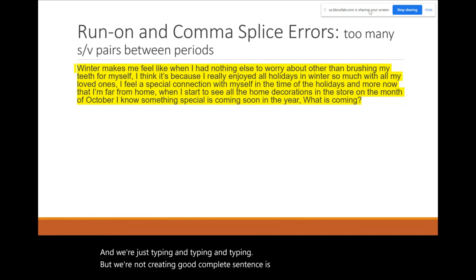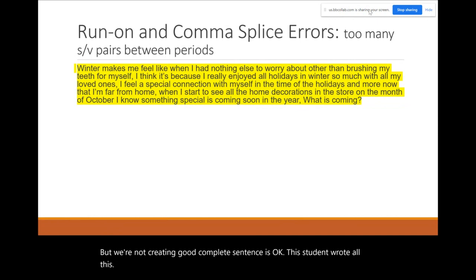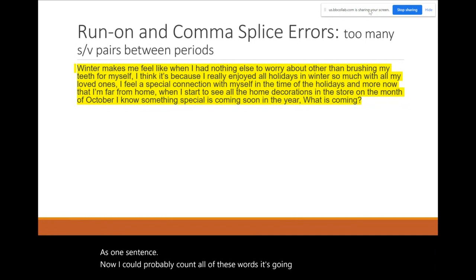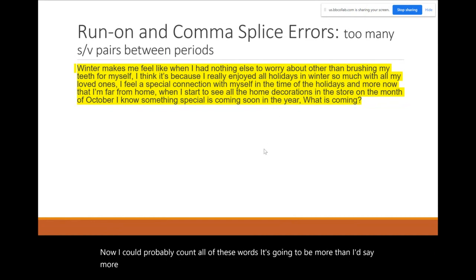This student wrote all of this as one sentence. Now, I could probably count all of these words. It's going to be more than, I'd say more than 25 words. What we want to try to have is between 5 and 15 words in a sentence.